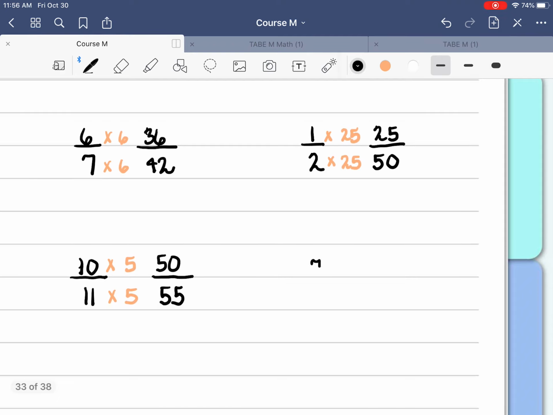And finally, let's do 7/10 and 21 over something. 7 times 3 is 21. 10 times 3 is 30.